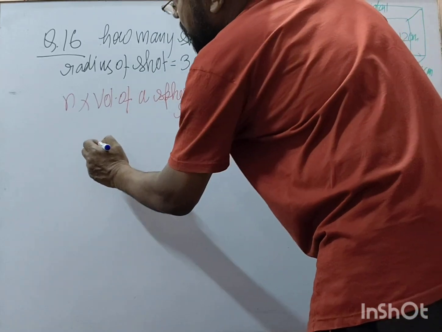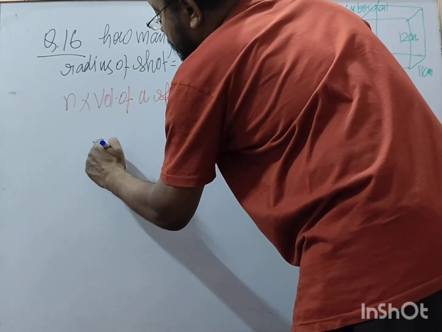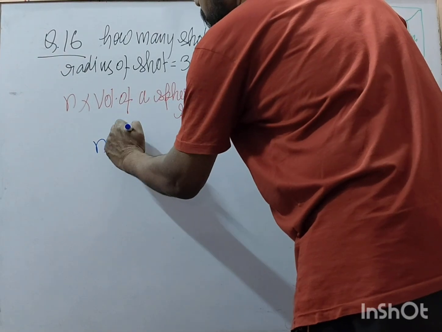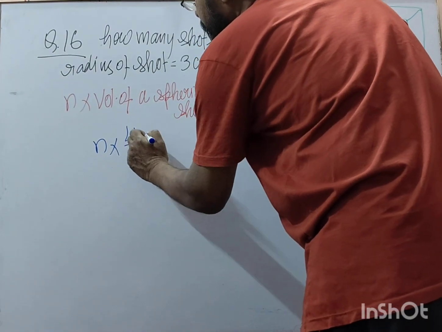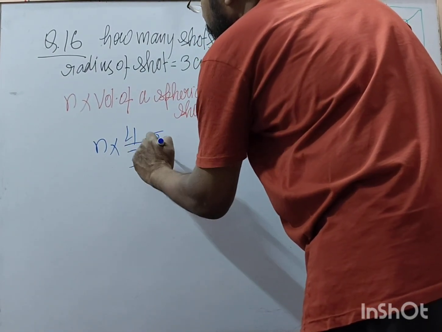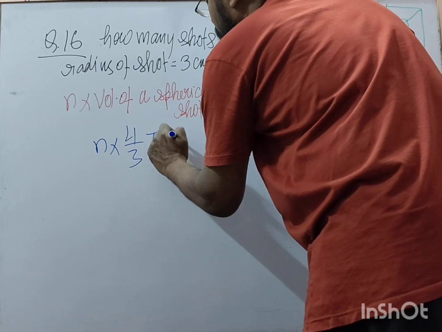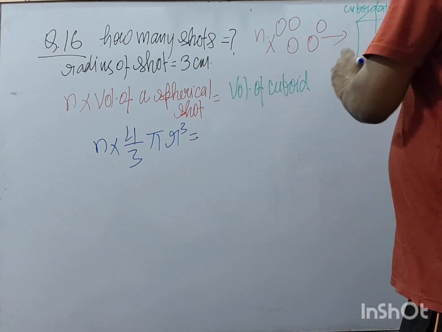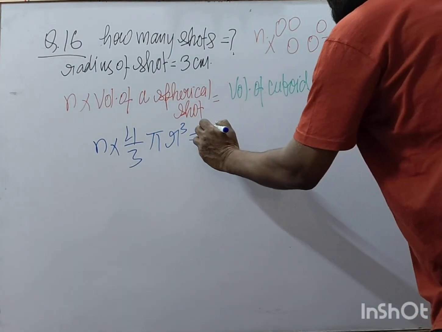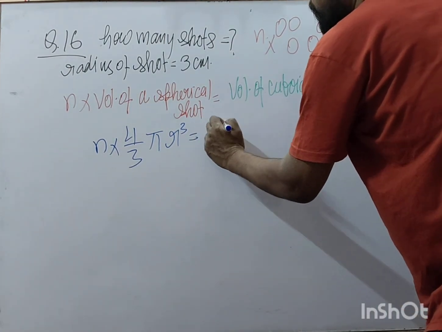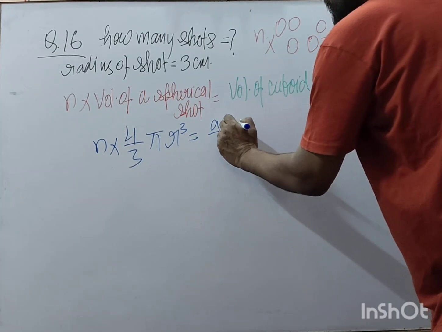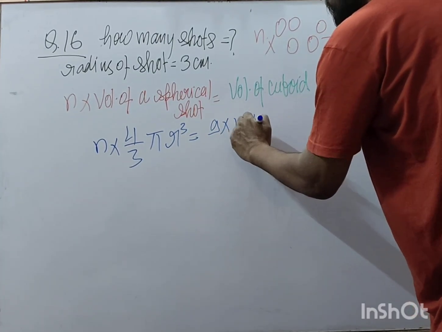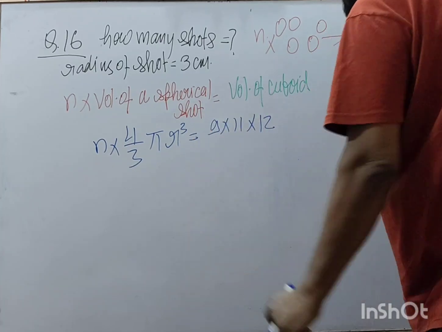That is n into number of spherical shots, that is 4 by 3 pi r cube is equal to 9 into 11 into 12.